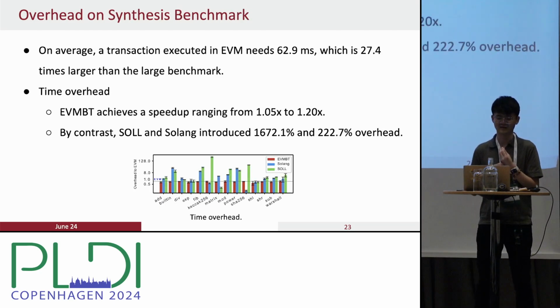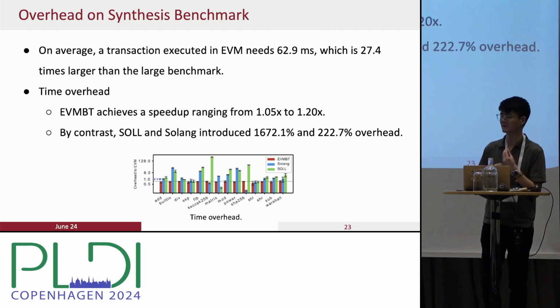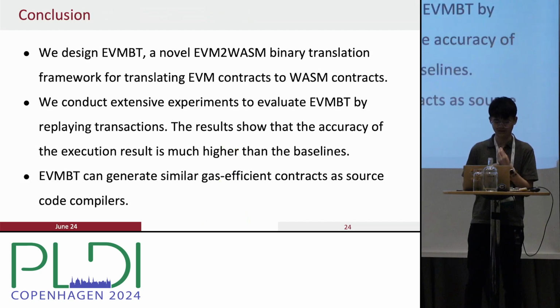To prove that, we collect a synthetic benchmark which includes 14 computation-intensive cases, and then we run them on the EVM and the WASM runtime to compare the time. We can find that EVMBT can achieve a speedup ranging from 1.05 to 1.2 times, while the baseline introduced much more overhead.